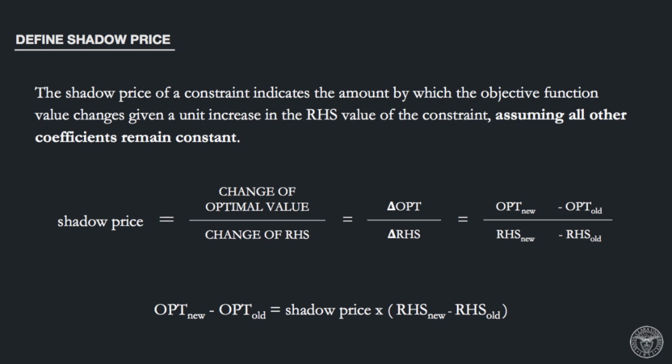If we manipulate this equation, we have the change of the optimal value equal to shadow price times new right-hand side value minus the old right-hand side value. Of course, in order to use the equation, we must have the same shadow price.